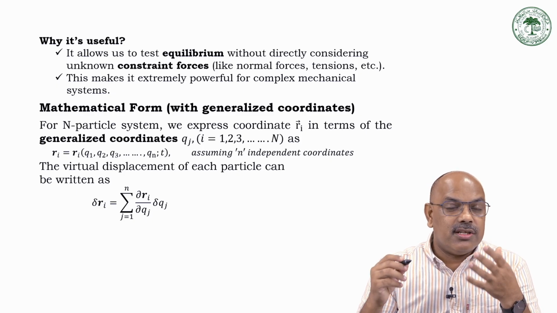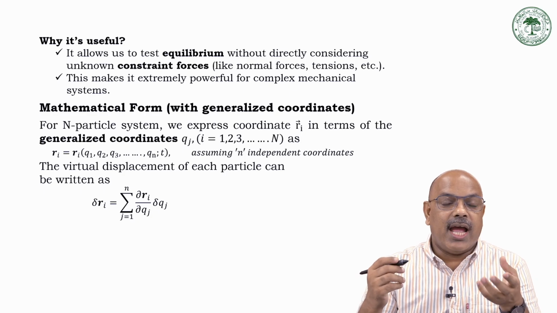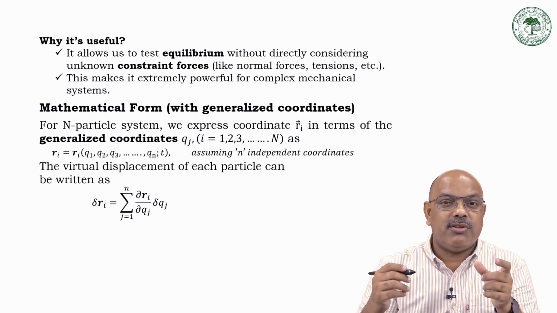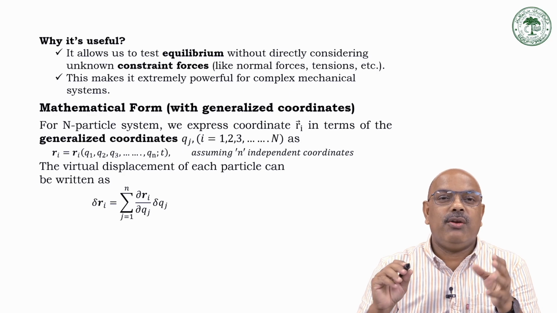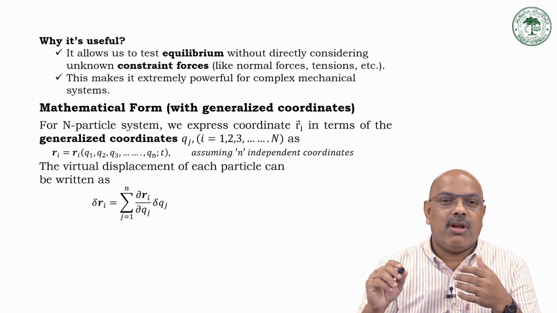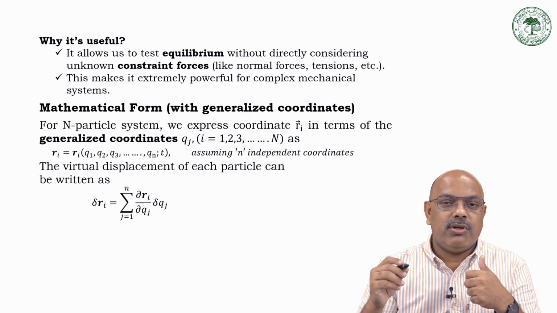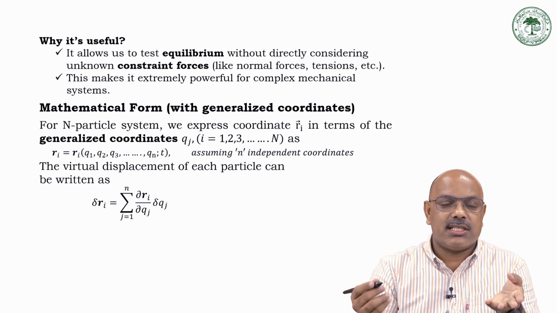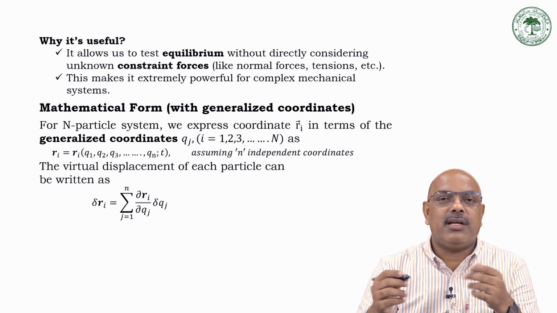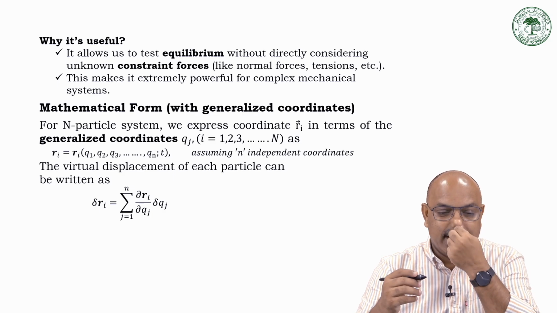When we demand that the system is in static equilibrium, that relation lets me test the equilibrium without directly considering the unknown constraint forces, because we already demanded that the work done by those forces is 0. So it is an extremely powerful mathematical tool to solve complex mechanical systems which are under certain constraints. So let us do the mathematical form with generalized coordinates.